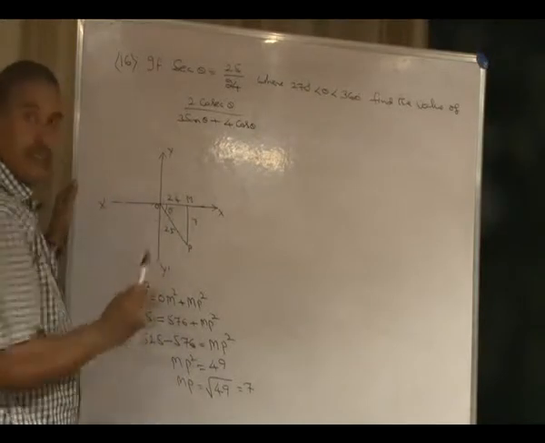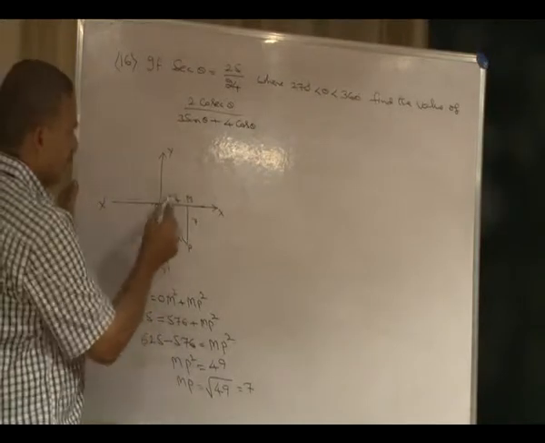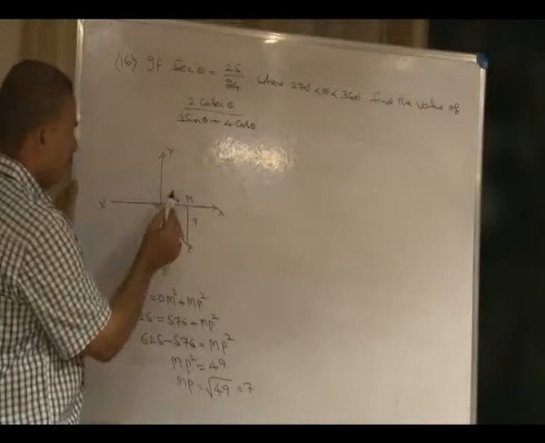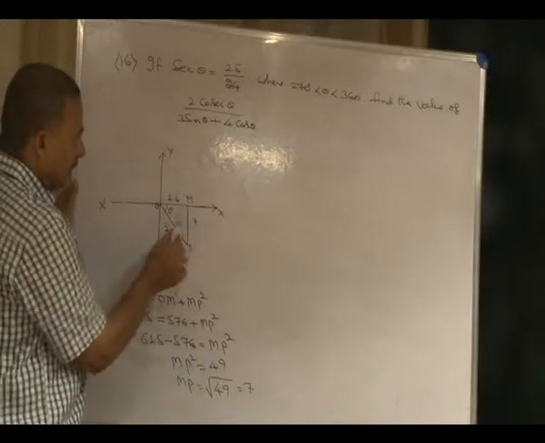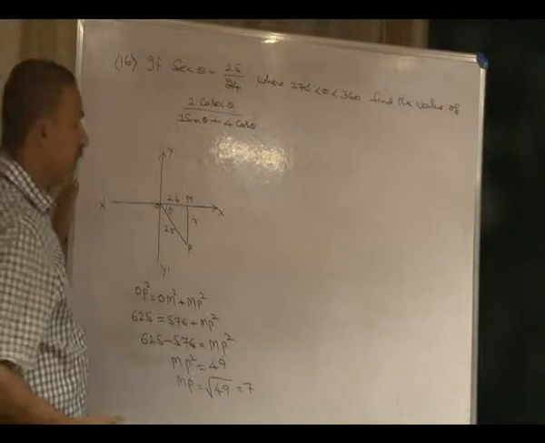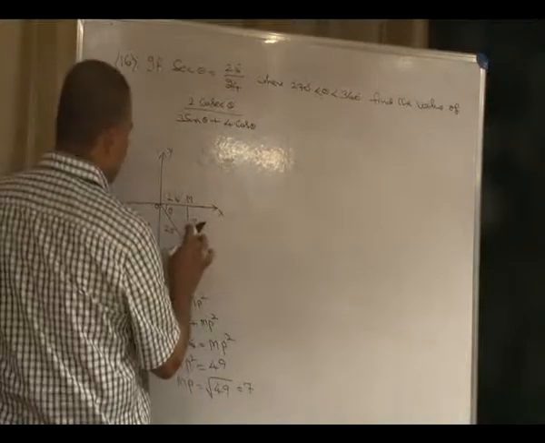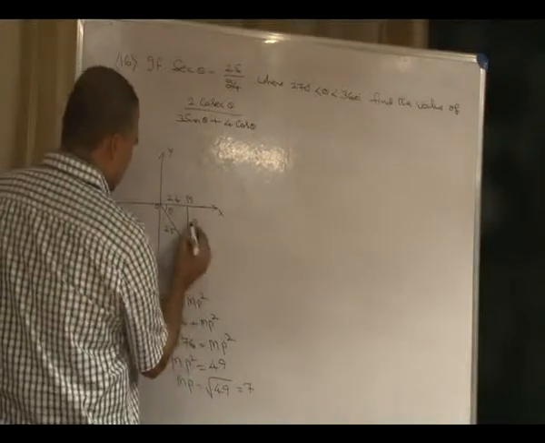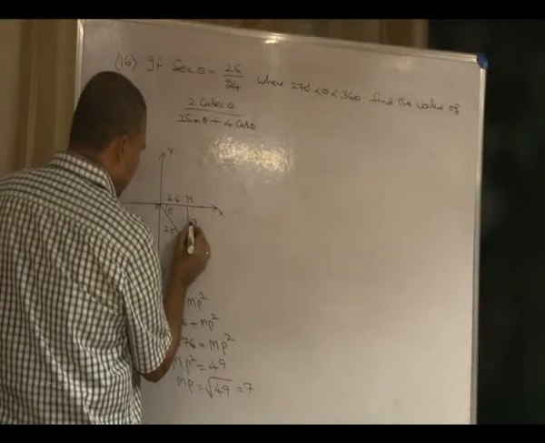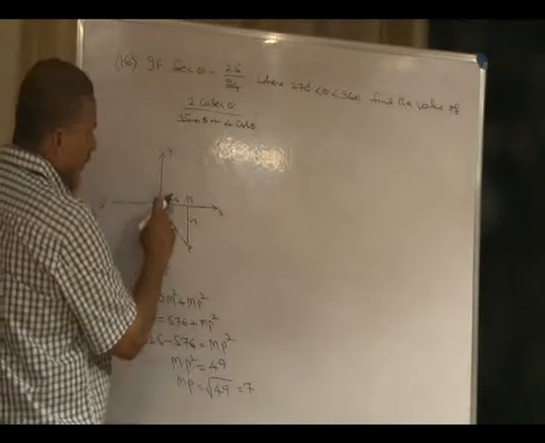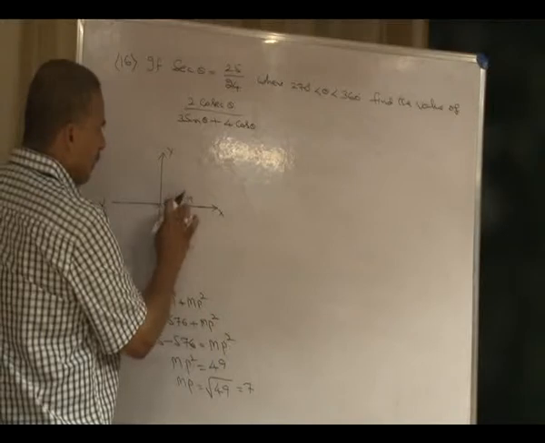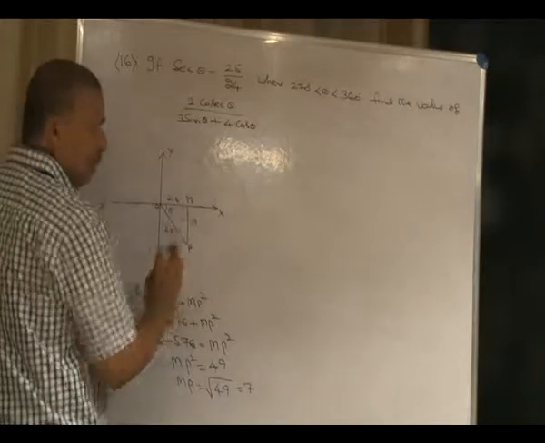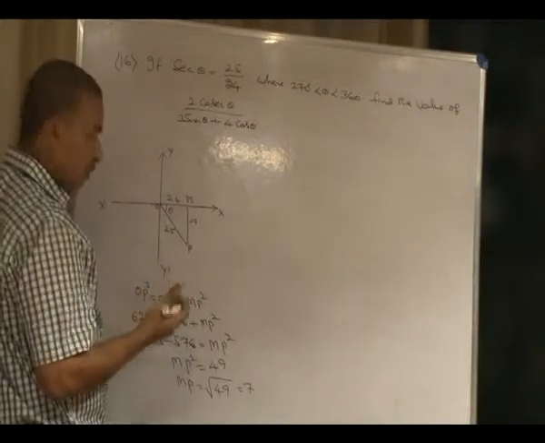The adjacent side is 24, the opposite side is 7, the hypotenuse is 25. Now in this triangle, it is minus 7, because in the fourth quadrant the x value is positive and the y value is negative.